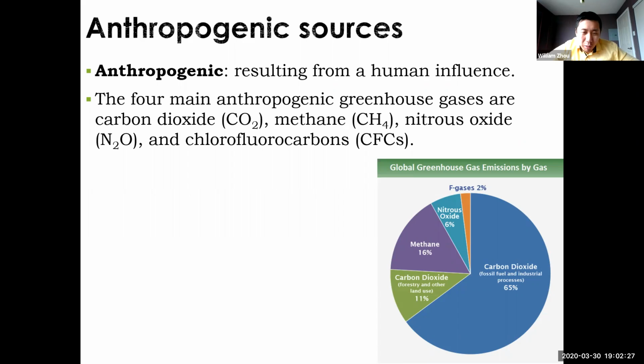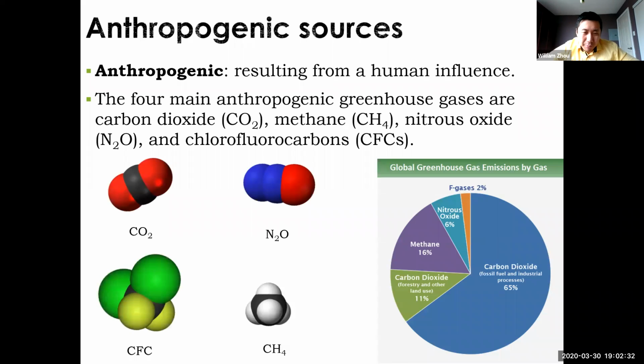A lot of these are overlapping, like carbon dioxide, methane, nitrous oxide, and CFC. Three of those, CO2, N2O, and CH4, are also natural greenhouse gases. So nature will also produce these. It's just that humans are helping nature out. CFC is just anthropogenic. Nature will not produce CFCs, only humans would.